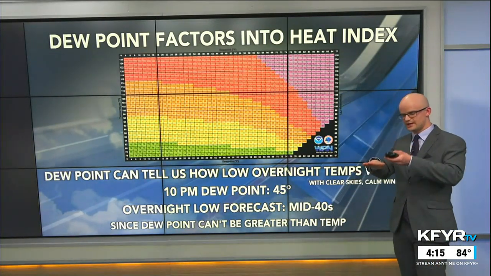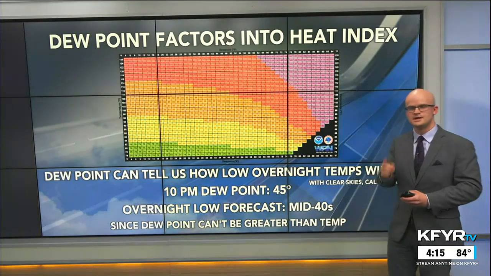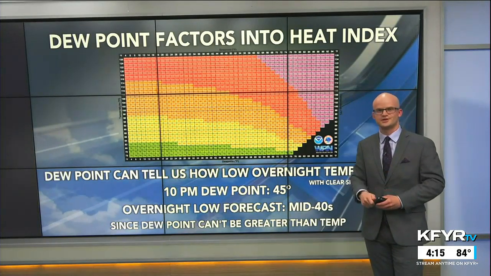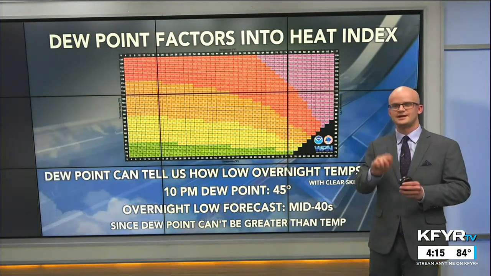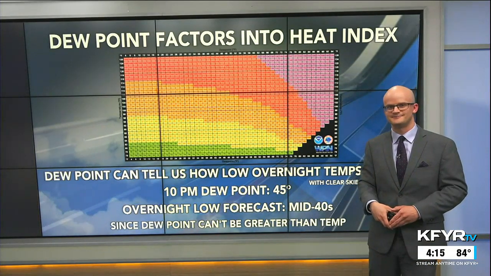Our temperature will get close to that dew point and it'll fall down into the mid-40s, but it can't get below that. So some useful applications of dew point, some useful applications of relative humidity as well, but you can see that dew point is a lot more useful, especially when determining how muggy it is outside.